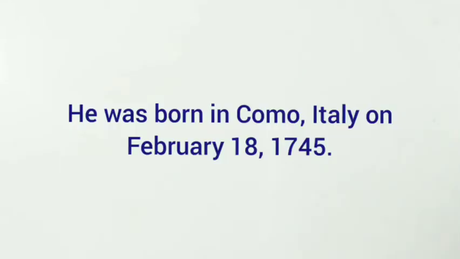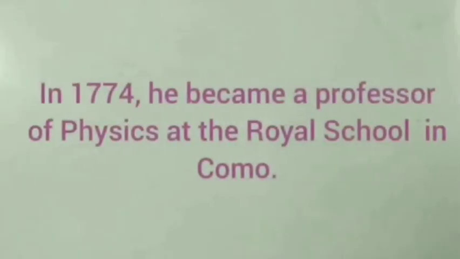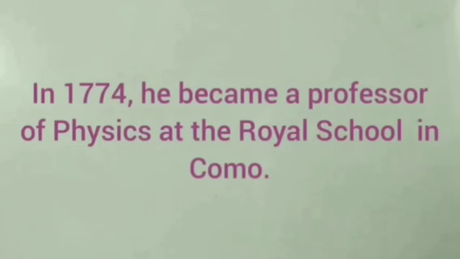He was born in Como, Italy on February 18, 1745. In 1774, he became a professor of physics at the Royal School in Como. After reading this, you have to collect so many informations. If I ask you in which organization he became a professor?